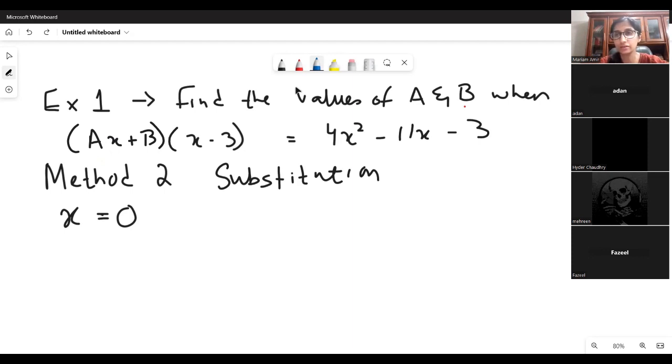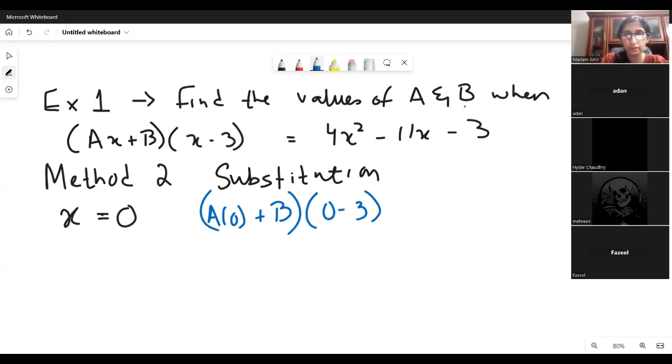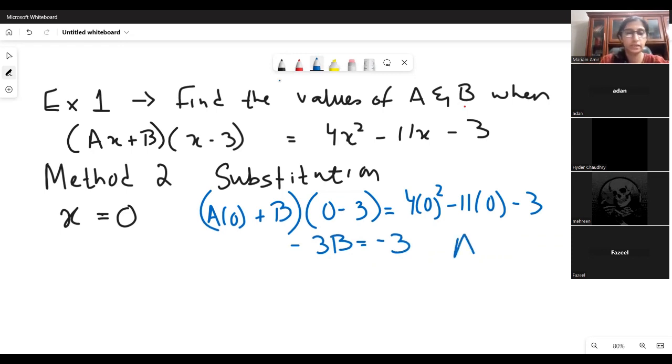In this case, x equals 0 will work, because then the only variable we'll be left with would be B. So we get A times 0 plus B times 0 minus 3 equals 4 times 0 square minus 11 times 0 minus 3. So we have minus 3b equals minus 3, which gives us the same answer. B equals 1.